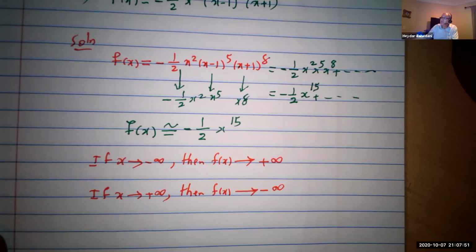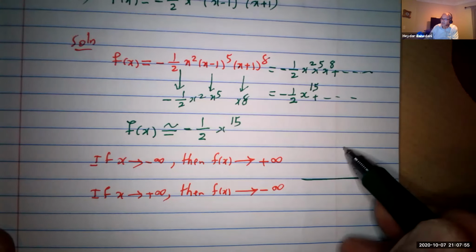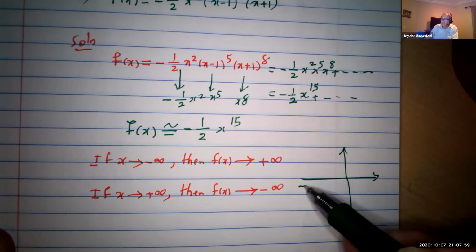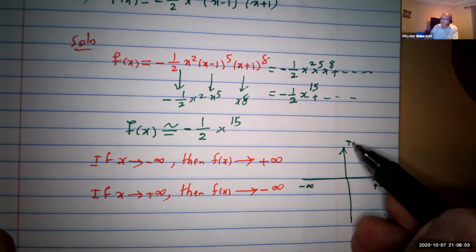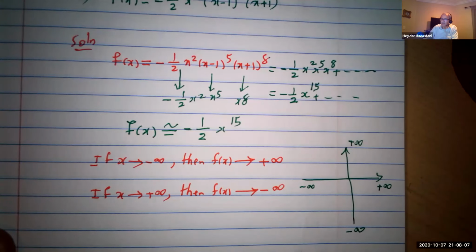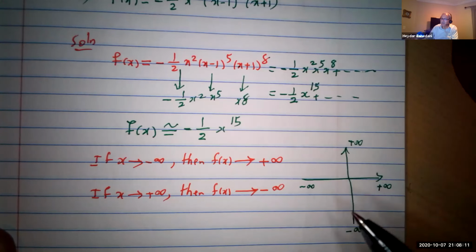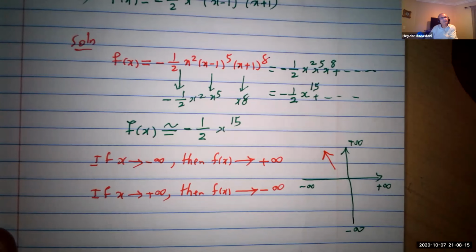So that would be quite helpful, because now you get your negative infinity and the positive infinity, and that's a positive and a negative. Okay, and now you know what happens: negative, positive, negative, positive. So at the beginning it is up here.